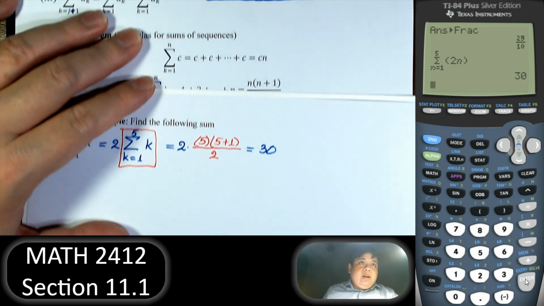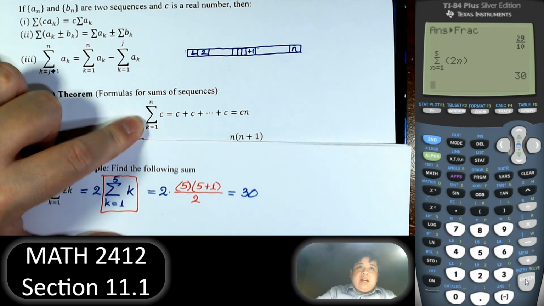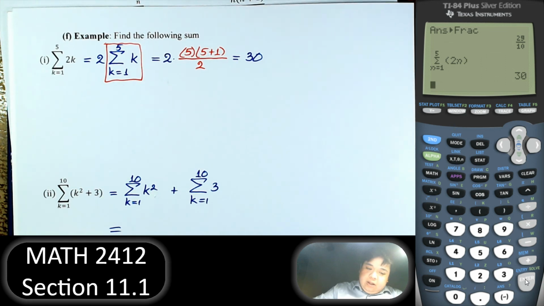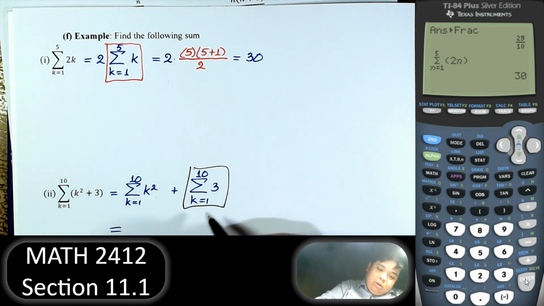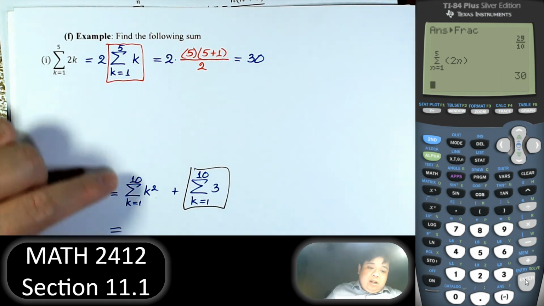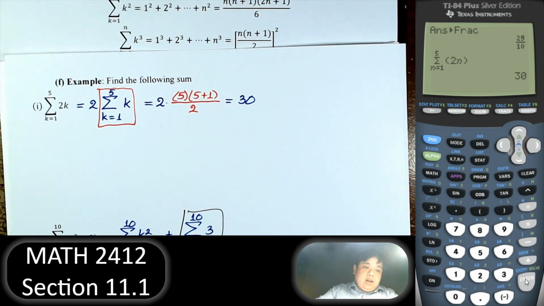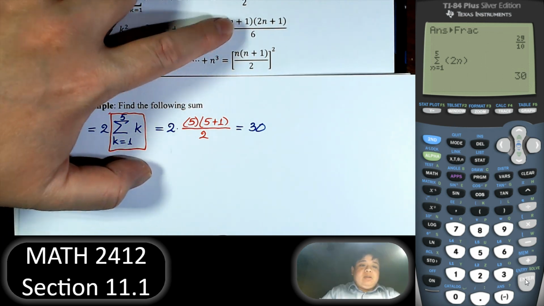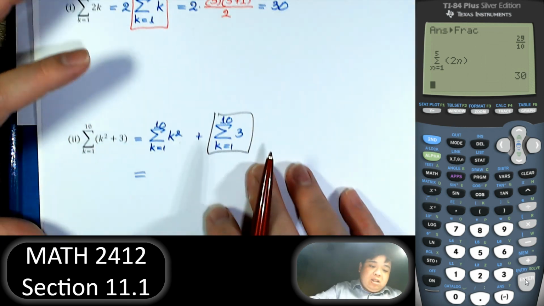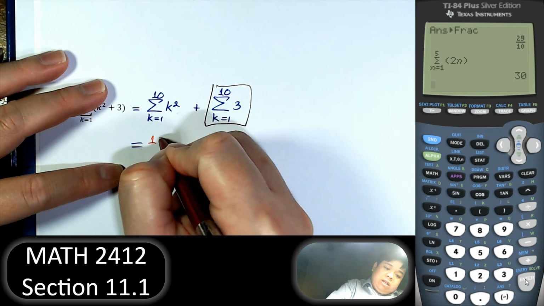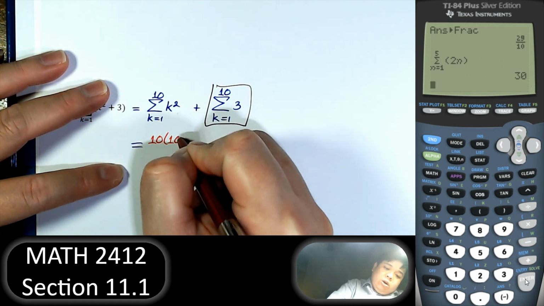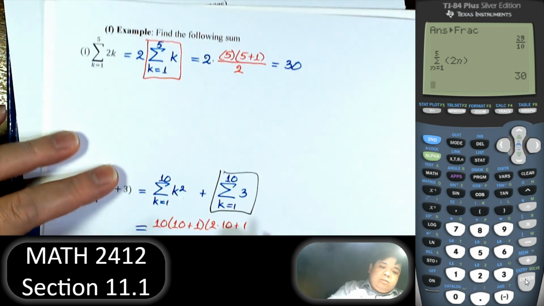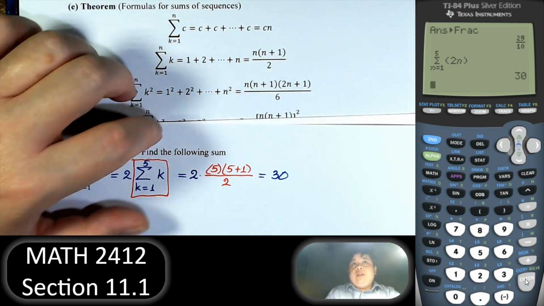So the first one, if it is a constant like what we have in here, 3, it's going to be just 3 times n. But this is the sum of all the squares. The sum of all the squares, we're going to use that formula, right? N times n plus 1 times 2n plus 1 divided by 6. N is the upper limit, so we have 10 times 10 plus 1, 2 times 10 plus 1, divided by 6.